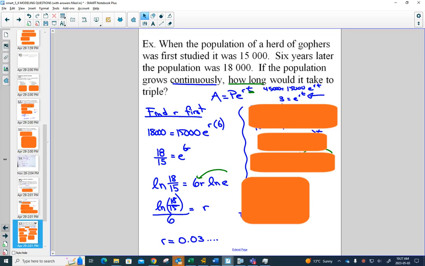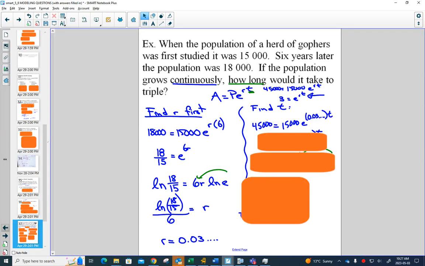And then once we have r, and the reason I have the dot, dot, dot listed there is that you'll want to keep all the decimal places. Rounding early, especially in an exponential question, can have a huge change in your results. So if you're using a calculator, you can store that value or keep all of its decimals, because now we can plug in the r value.